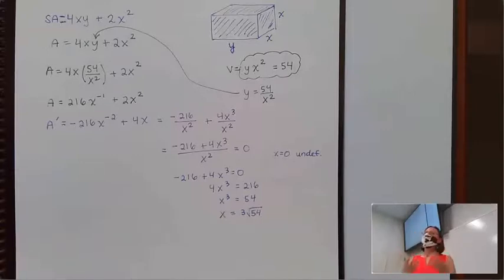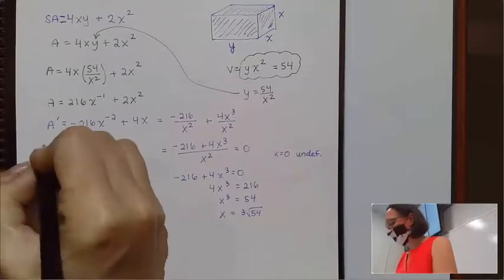When we have absolute max or min problems, all we have to do is check the endpoints and check our critical point. Additionally, we can think about, and this is my favorite way to decide that that's a minimum, is to just take the second derivative and plug that in to see if we get a positive number or a negative number. So those are 3 options for how to decide whether it is really a max or a min.